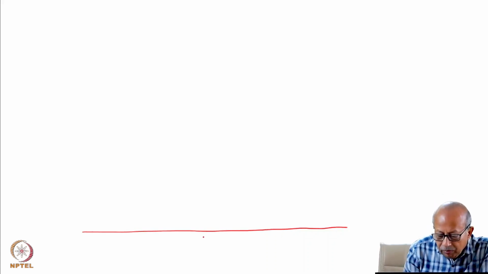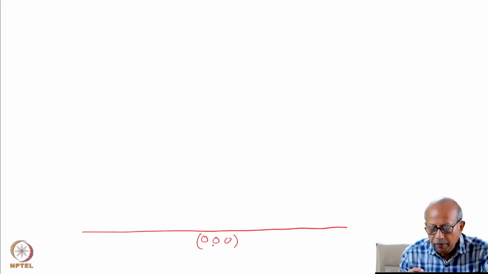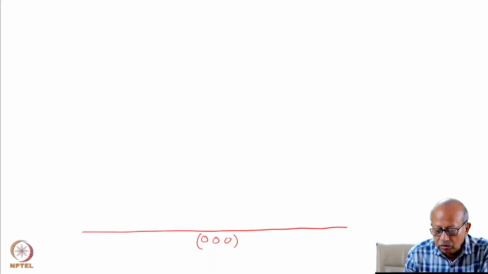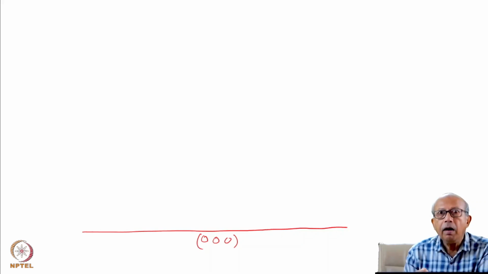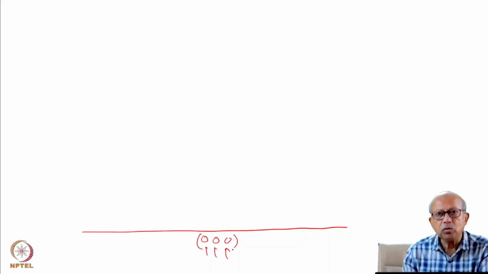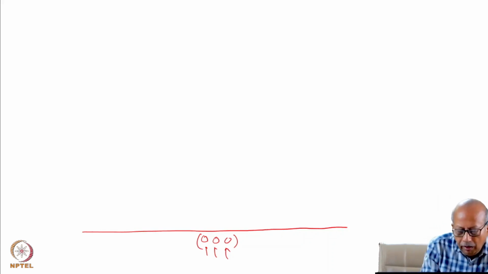This is the ground vibrational state, which can be represented as 0, 0, 0. That is, all the three modes are in the ground state. There is no excitation in any of the modes. So this is the symmetric mode of vibration.